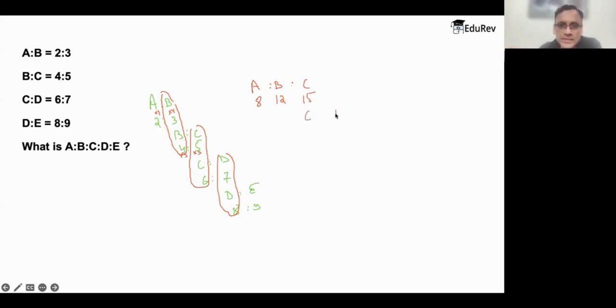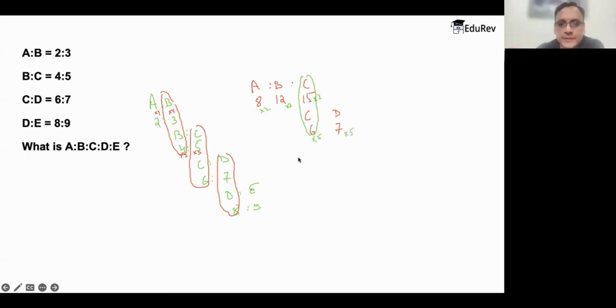Below that, C is to D is 6:7. Okay, now I have to combine this. And you can see that it is 15 and 6. Now the LCM of 15 and 6 is 30, right? So to make it 30, I'll need to multiply this by 2, and this by 5.